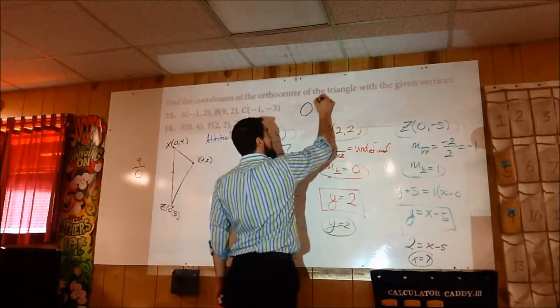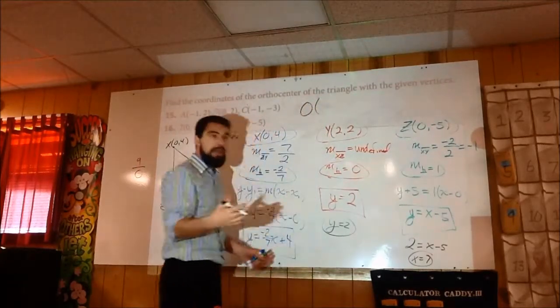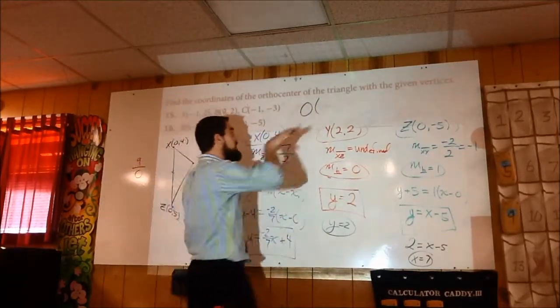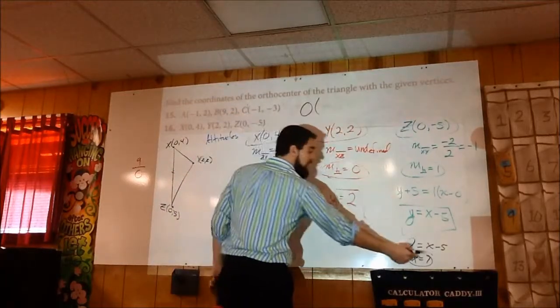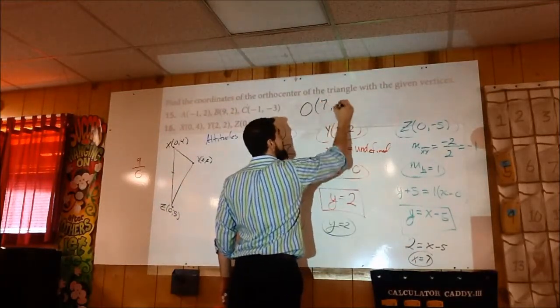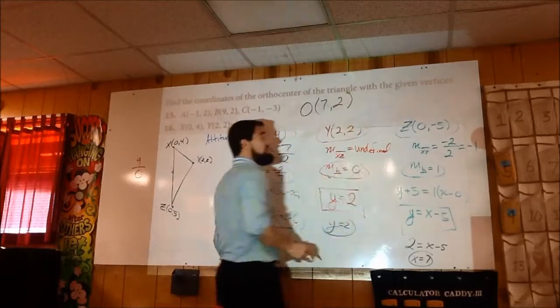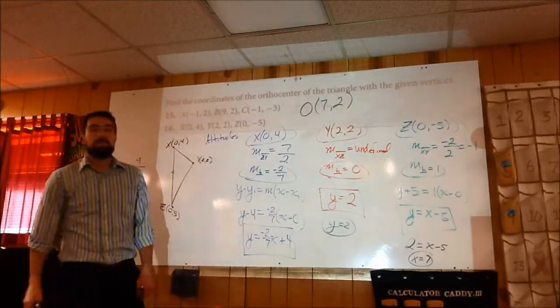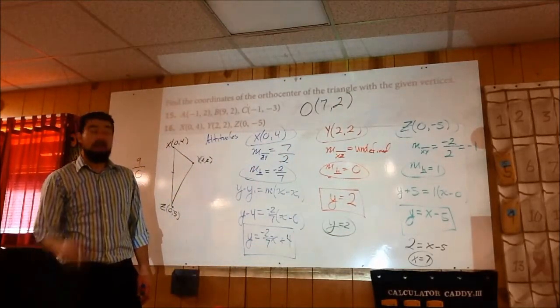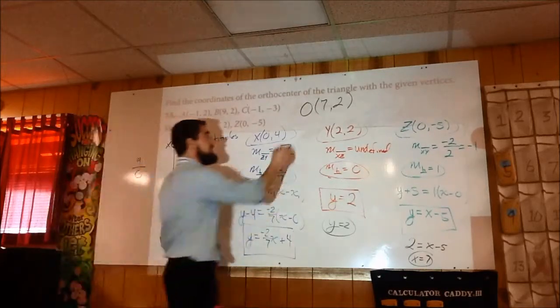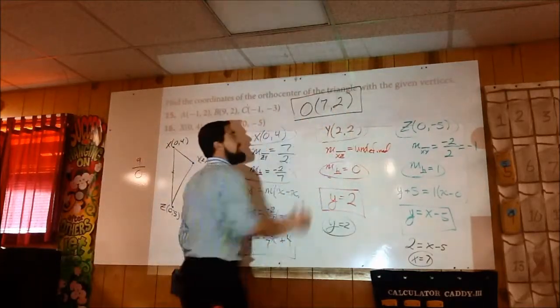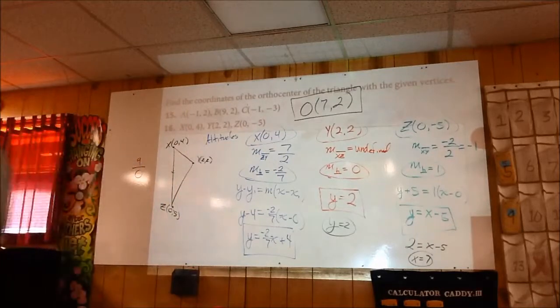But whatever capital letter you use to represent the orthocenter, it should be followed by an open parenthesis, your x value, which in this case is 7, your y value, which in this case is 2, and then a closed parenthesis. This is what your final answer needs to look like. It's asking for the coordinates of a point, so make it look like that.